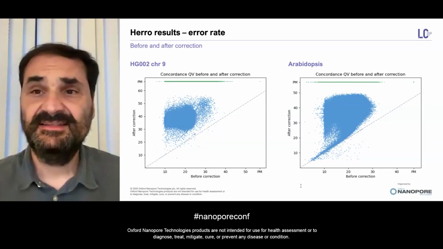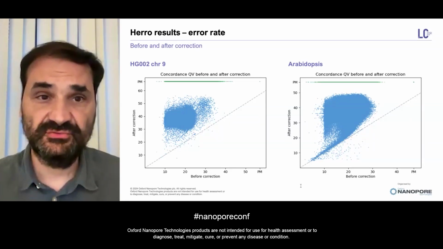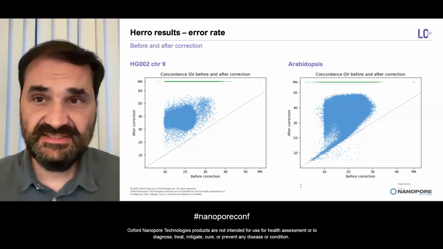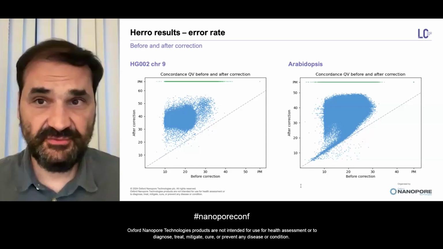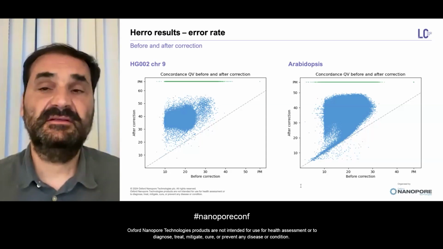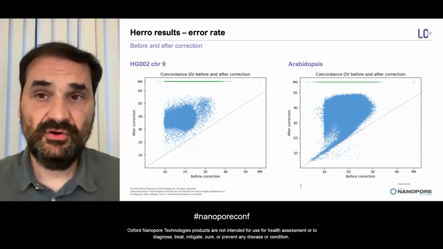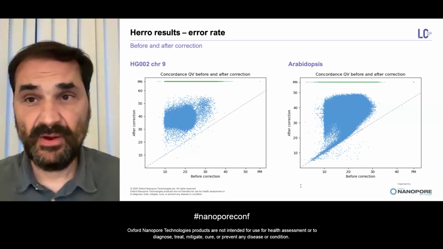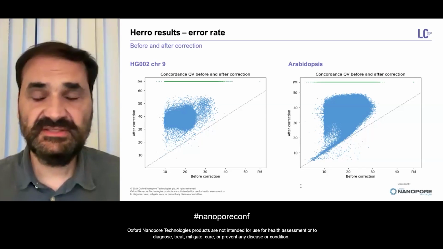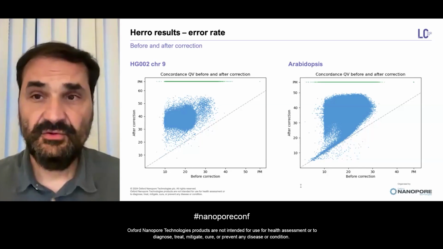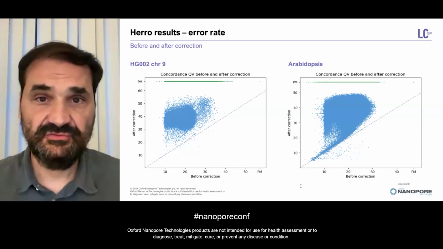That means that they are achieved by mapping reads to the reference. You can see that results improve significantly, especially if you take into account that values on the y-axis are actually on a logarithmic scale. You can see results for chromosome 9 of the human genome, not used in the training.